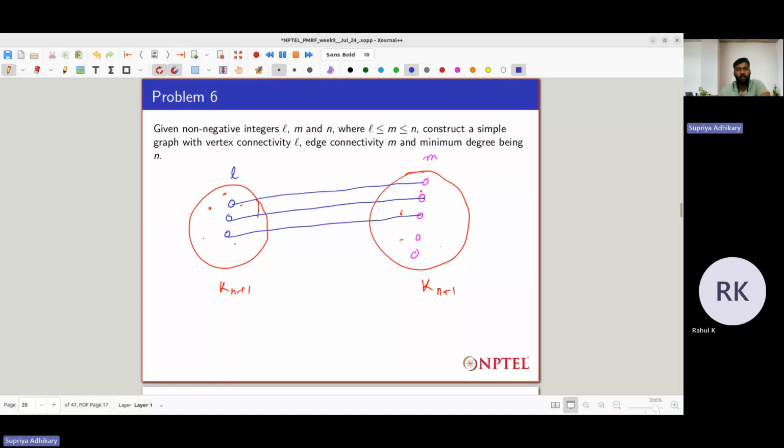The first L many vertices are connected to the first L many vertices in this choice of vertices, and the rest of the vertices we can connect in any manner we want. But each of the vertices in this M set should be connected to at least one of the vertices in this L set, and vice versa. Each of the vertices in this L set should be connected to at least one of the vertices in this M set, so that we will actually have L many edges.